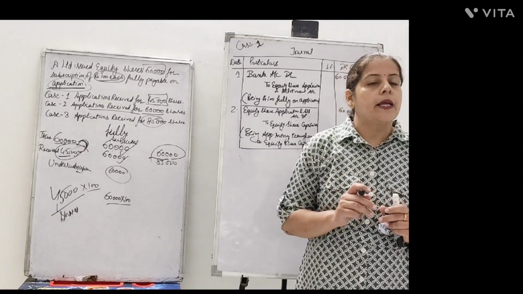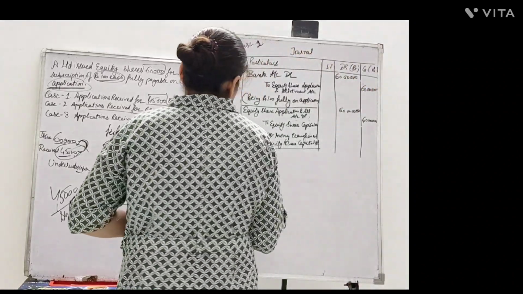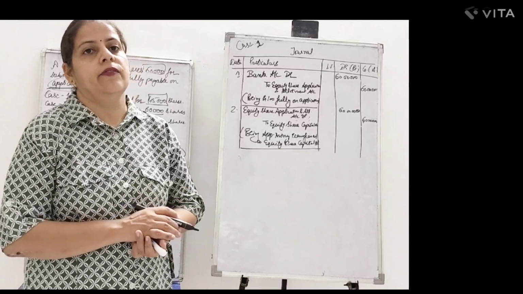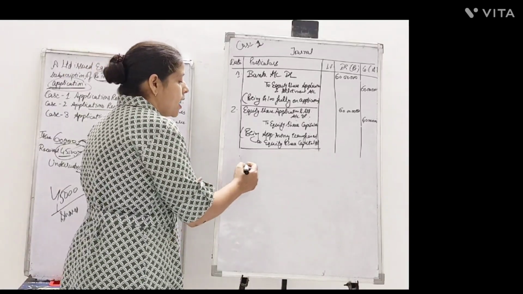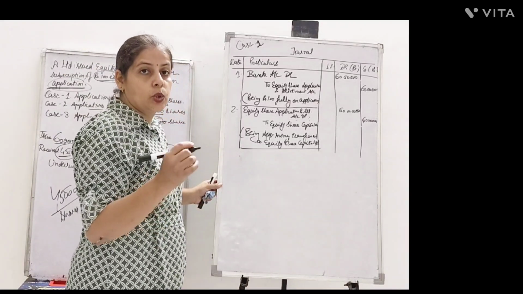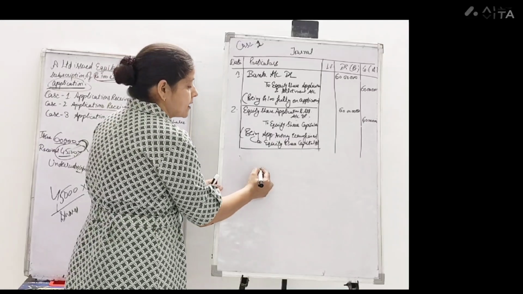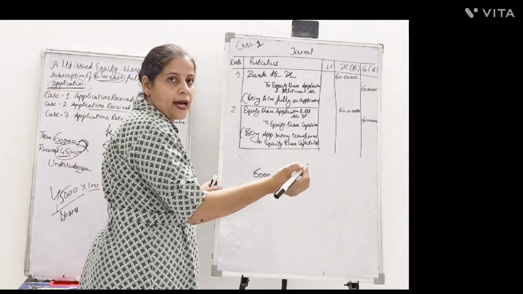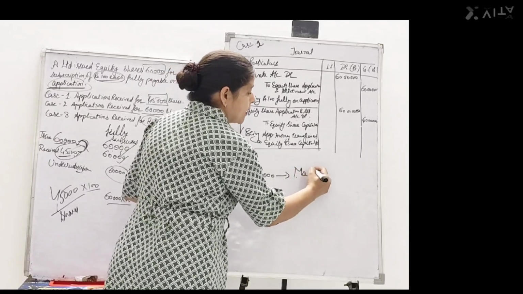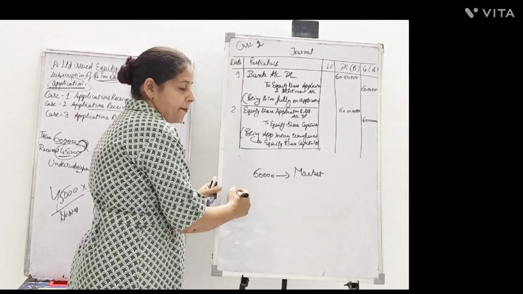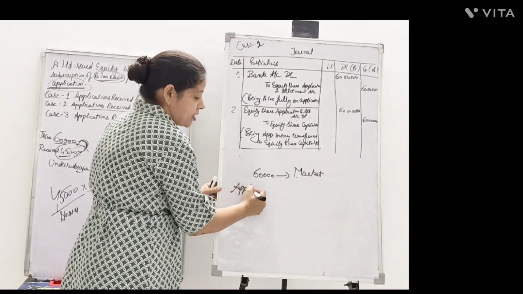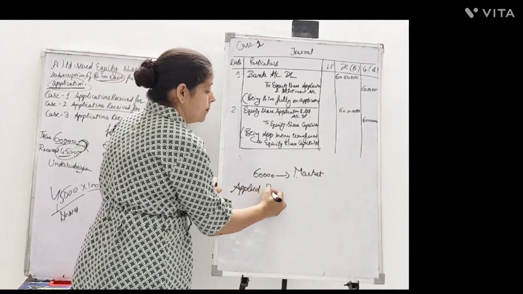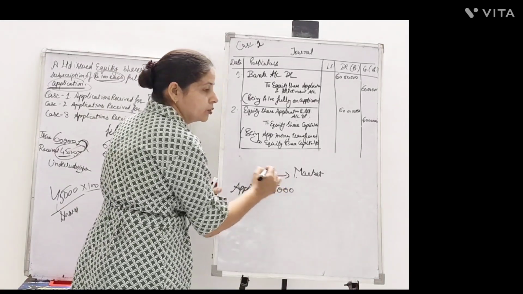But the important point to be noted here is, I have already told you in the last video that when a company is issuing shares, say 60,000 shares, they put them into the market. Then the people apply for these shares, in this case 85,000 shares.